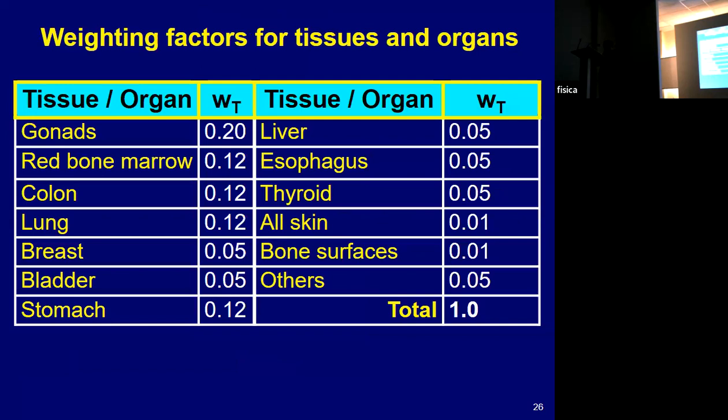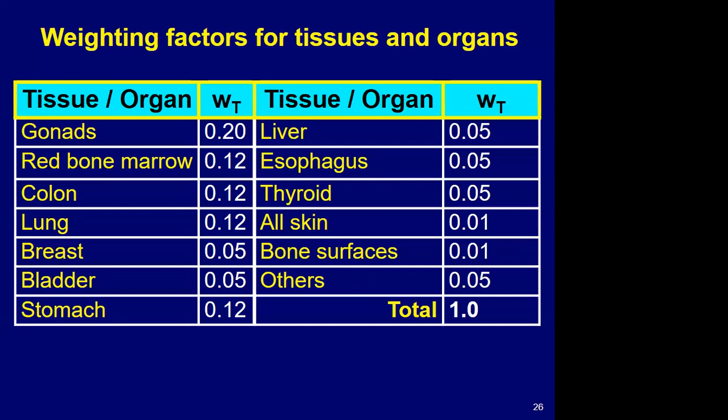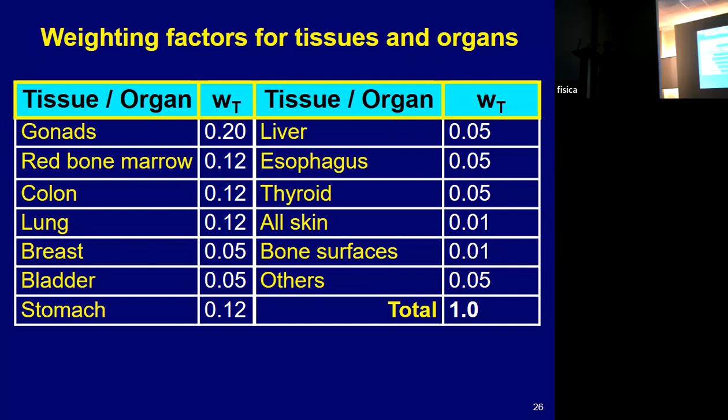This slide table shows the values of weighting factors for tissues and organs in calculating the effective dose, established again by the ICRP. And in the recommendations from 2007, the ICRP changed the definition of effective dose, which in radiation protection plays the role of a function depending on the doses of individual organs.